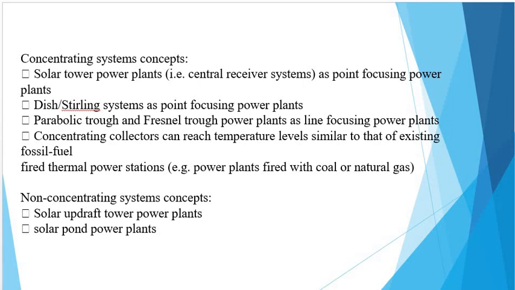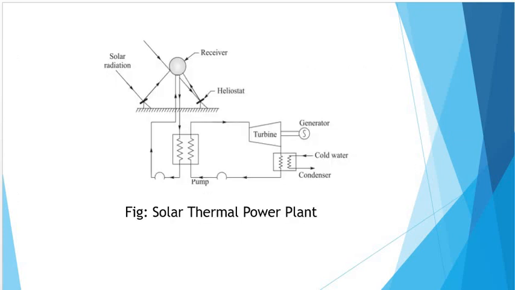Concentrating collectors can reach temperature levels similar to existing fossil fuel fired thermal power stations. Non-concentrating system concepts use a solar updraft tower power plant and solar pond power plants.